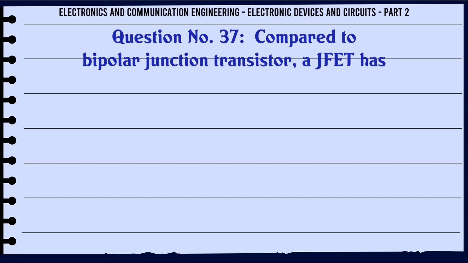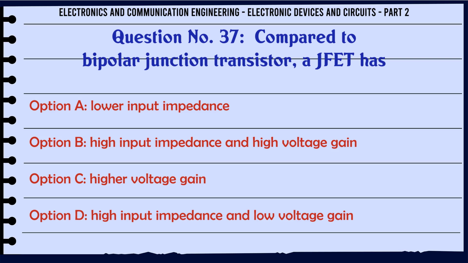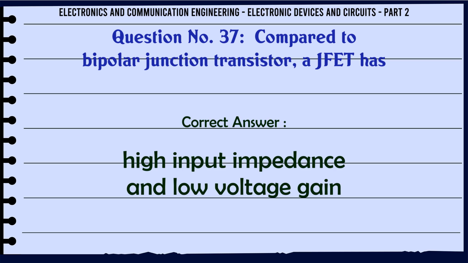Compared to a bipolar junction transistor, a JFET has: A, lower input impedance; B, high input impedance and high voltage gain; C, higher voltage gain; D, high input impedance and low voltage gain. The correct answer is high input impedance and low voltage gain.